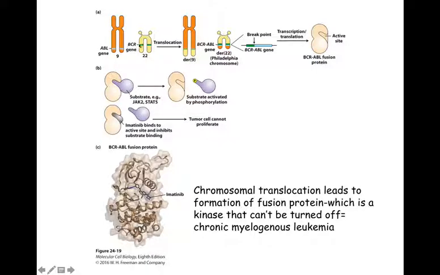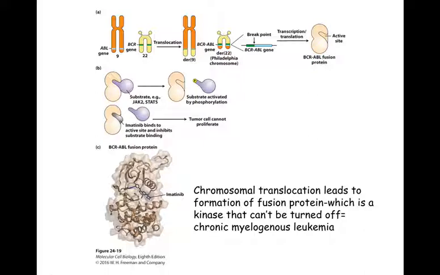So these two chromosomes, chromosome number 9 and chromosome number 22, are switching off parts of their chromosomes. Part of 22 becomes part of 9, and part of 9 becomes part of 22.